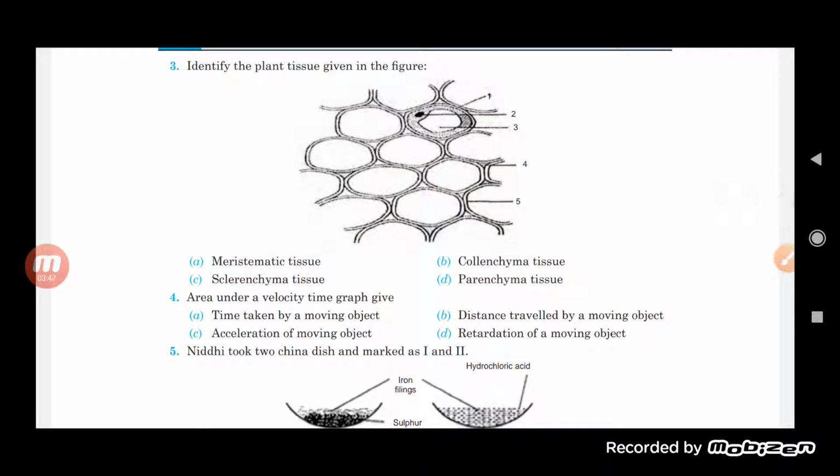Now see here, identify the plant tissue which is given in the figure. What kind of plant tissue is given here, students? Meristematic, sclerenchymatous tissue, collenchymatous tissue, or parenchymatous tissue. See here, this is a double walled membrane, there is a nucleus, and a large vacuole is also present.